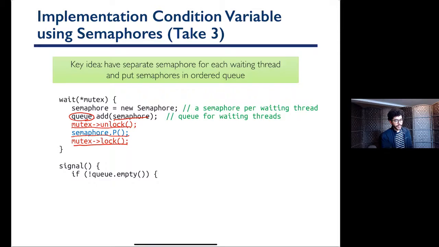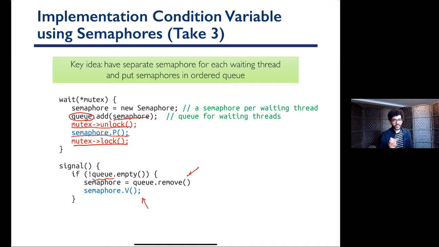What does signal do? Signal can look at this queue and see if it is empty or not, because this queue we added. It's not the internal queue of a semaphore. We can check if this queue is empty or not. If it is not empty, then we remove from it and then we signal.